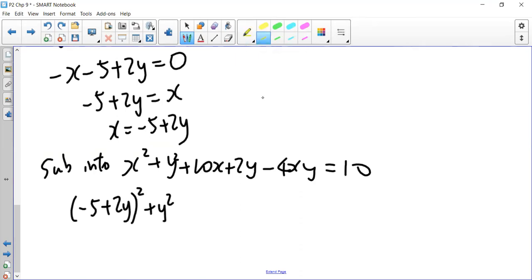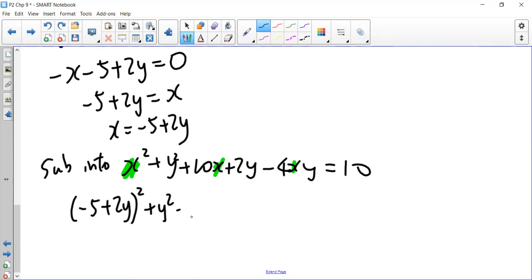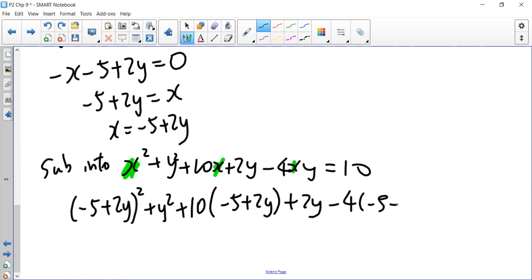Just color code it for you. This x, I'm replacing it. This x, I'm replacing it. This x, I'm replacing it. So plus y squared plus 10 times minus 5 plus 2y, plus 2y minus 4 times minus 5 plus 2y times y equals 10.